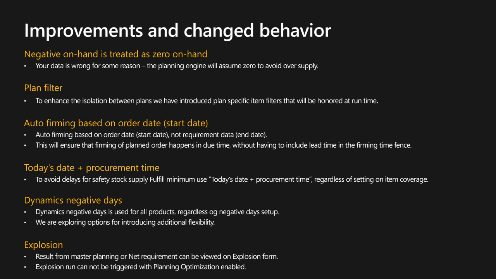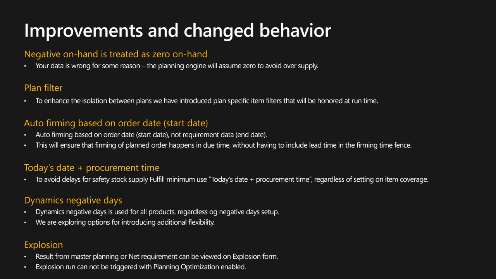The last thing on my list here: explosion. Whenever you run master planning or net requirements, it can be viewed on the explosion form, but you cannot trigger an explosion. This is because the explosion is, you could say, a suboptimal part of the plan, because it's only looking at replenishment based on this specific order and not on the entire graph of supply and demand.